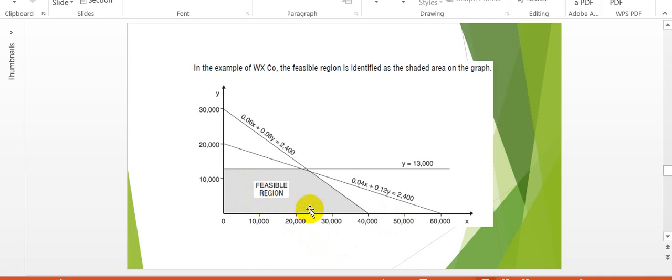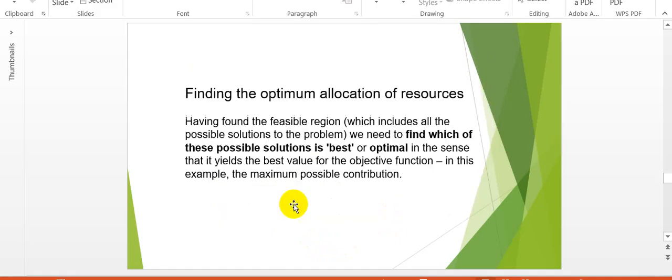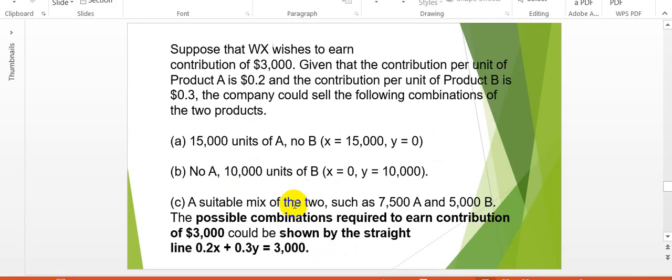So you find the optimal point within the feasible region. So let's suppose that we want to make a contribution of 3,000.